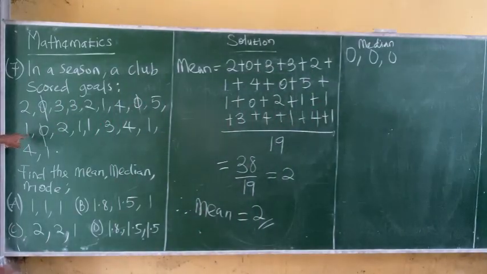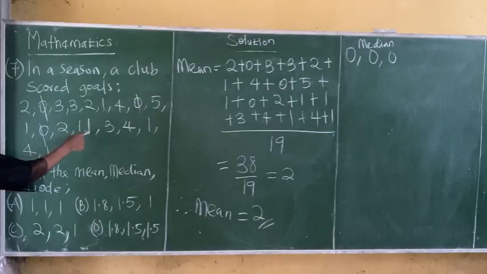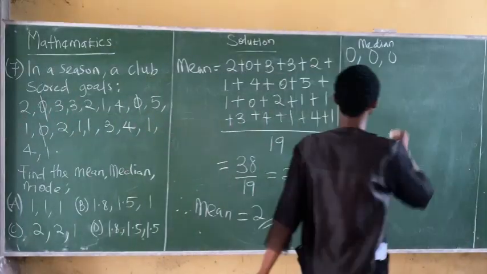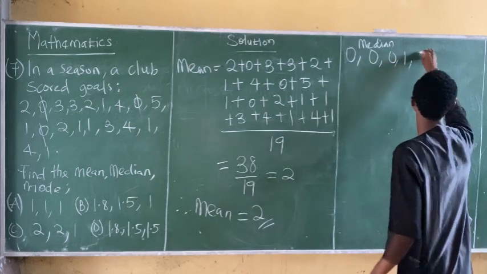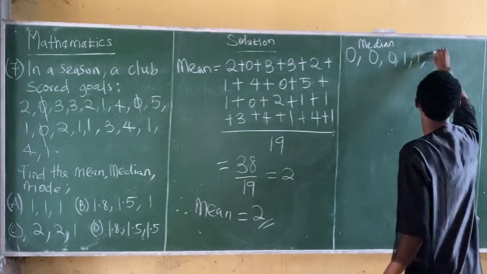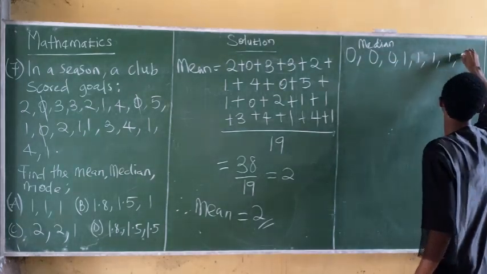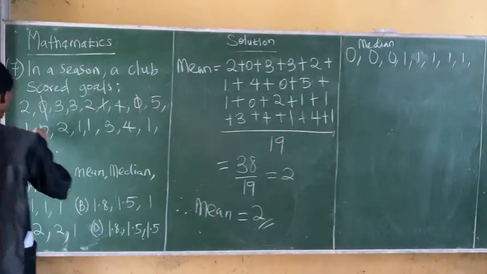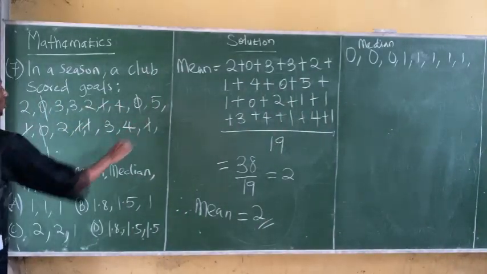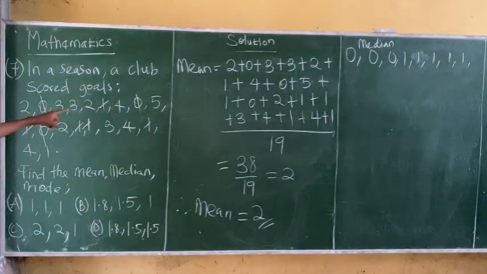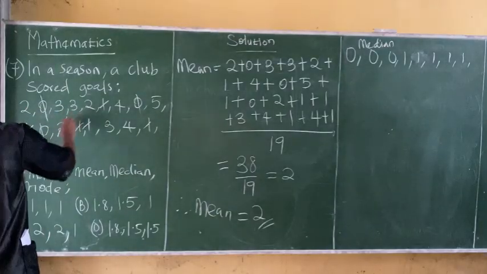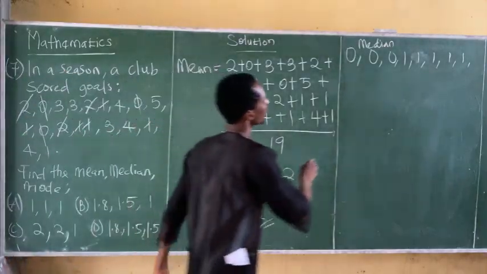The next term we have here is 1. How many 1 do we have? 1, 2, 3, 4, 5. So we have five 1s, and we are done with 1. The next number is 2. How many 2 do we have? 1, 2, 3.